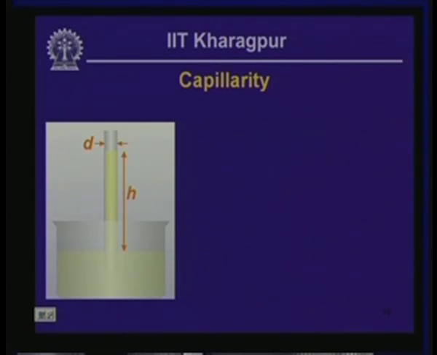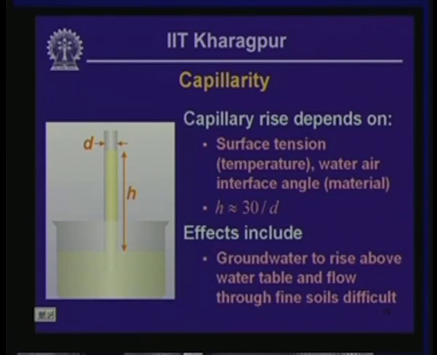The amount of rise of water is going to be controlled by several factors. One is the diameter of the tube, and the other factors depend on the property of the fluid and the interface between the fluid and the tube through which the fluid is being conducted.